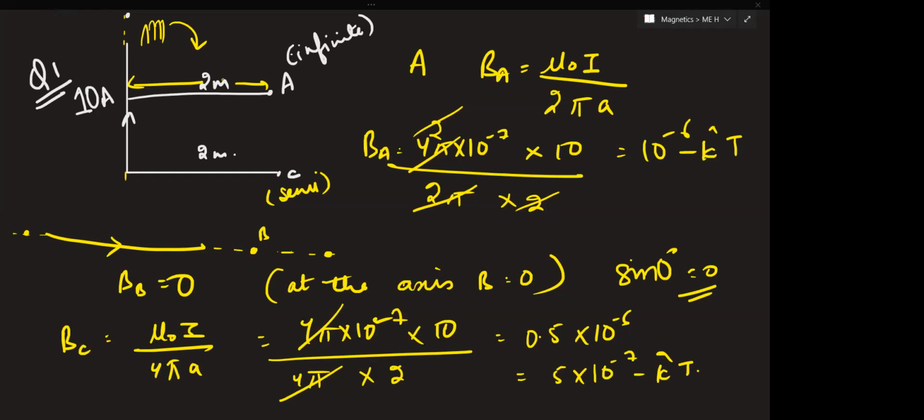If the thumb was pointing towards the right, that is positive x axis, we would have used i cap. If the thumb was pointing towards the left, that is negative x axis, we would have used minus i cap. Similarly, for upwards it is j cap. For downwards it is minus j cap. So outwards is k cap, inwards is minus k cap. Clear, Sahal, now? And the others also?